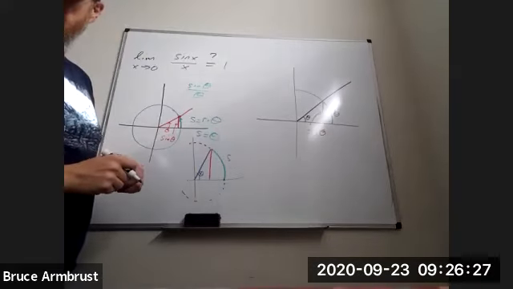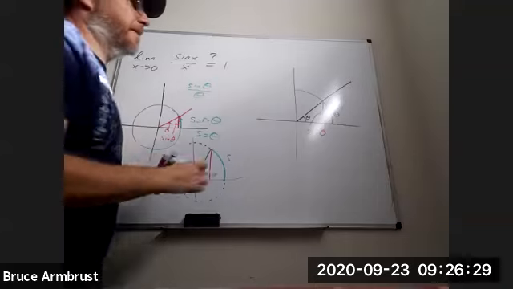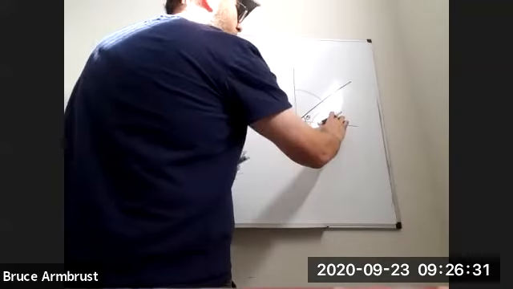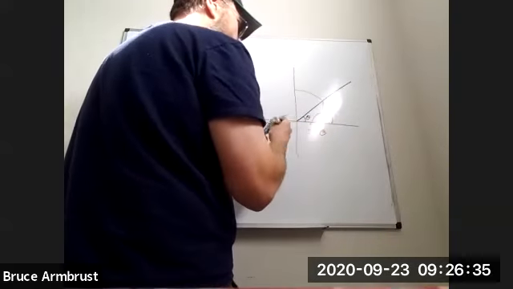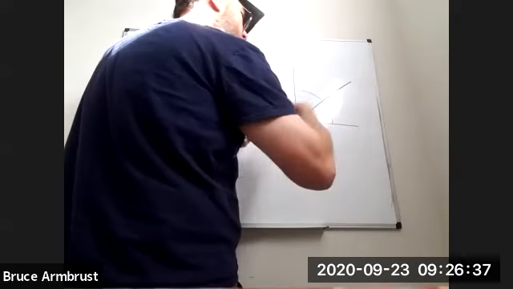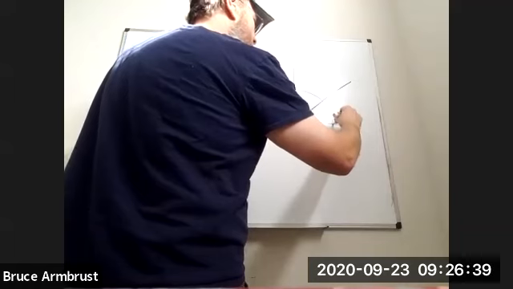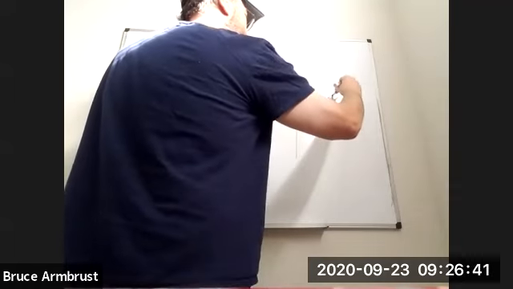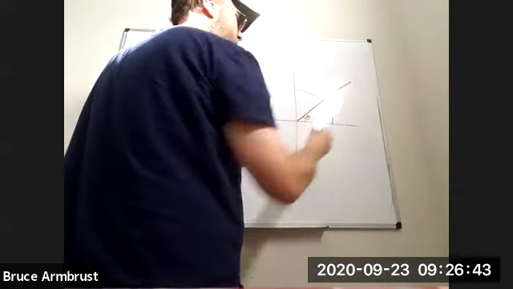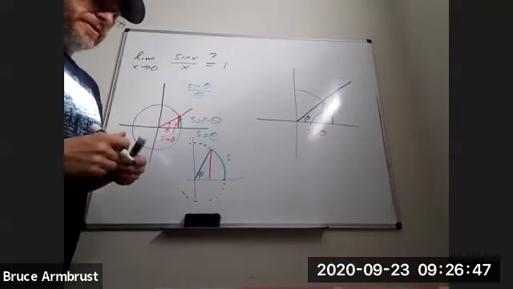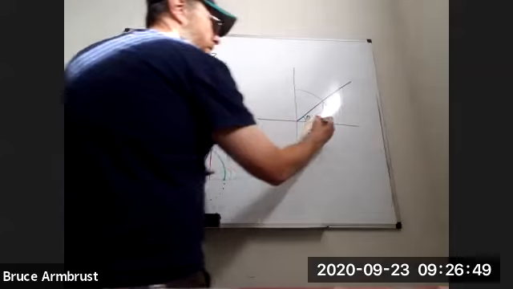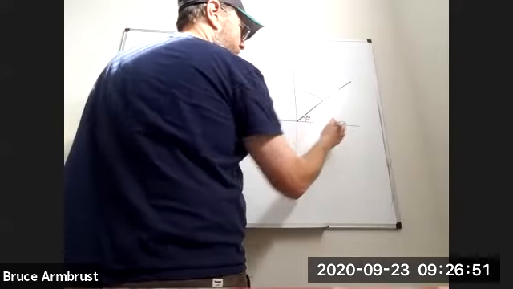But I'm going to put another line out here. And this line is going to be a vertical line that comes from the x-intercept of the circle. So on the unit circle, that's out at the point 1, 0. Okay, so these are both vertical.